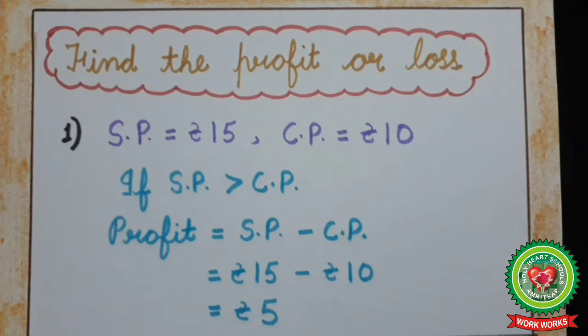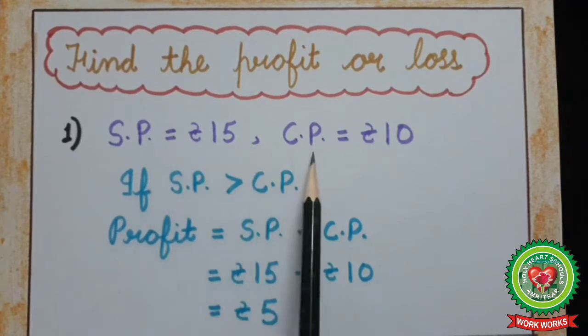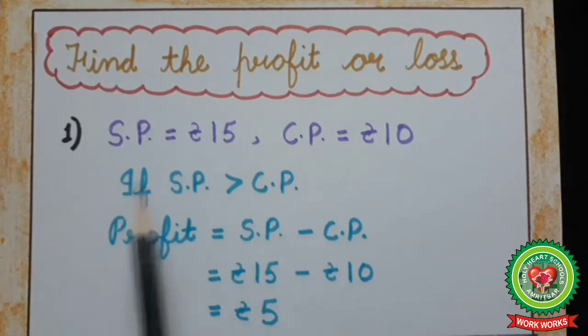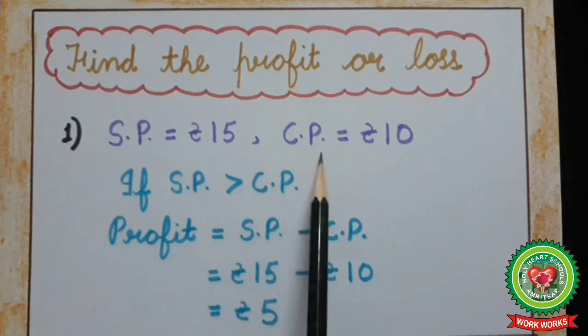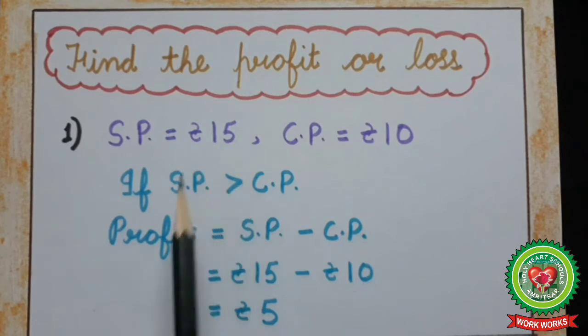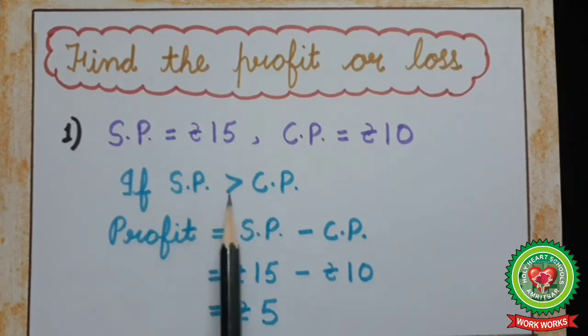For that, the first step is to compare SP and CP. Which one will be greater? Here SP is 15, CP is equal to 10. SP is greater, and we know if SP is greater than CP, it is profit. So write down the formula of profit. Profit is equal to SP minus CP.